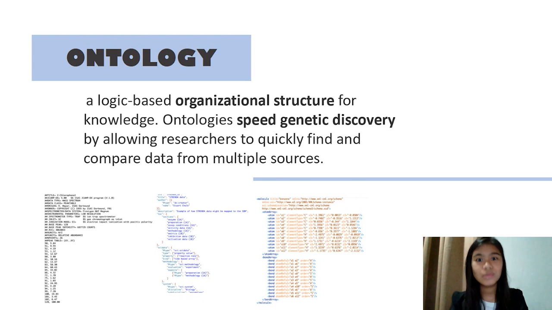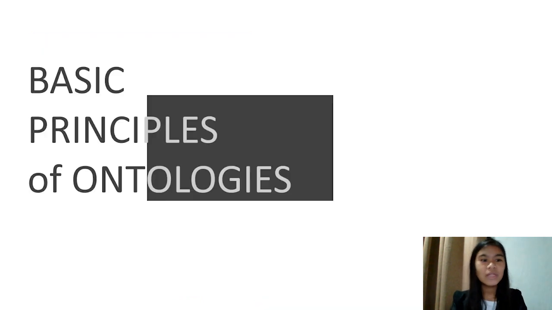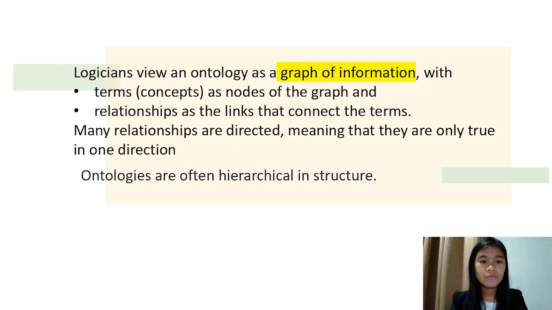So, thanks to ontology. So, what are the basic principles of ontologies? Logicians view an ontology as a graph of information. So, when you have seen a graph, it is easy to locate the information. So the terms or concepts are the nodes in the graph and the relationships are the links that connect the terms.